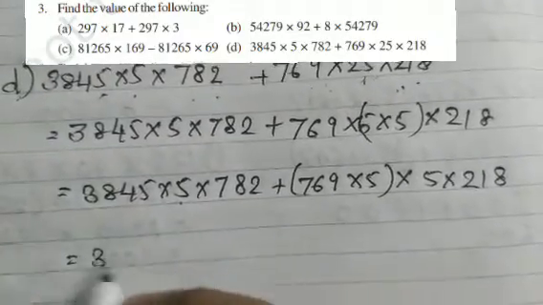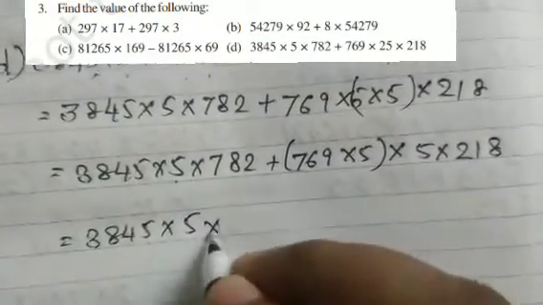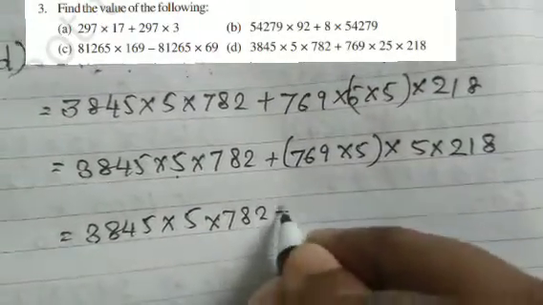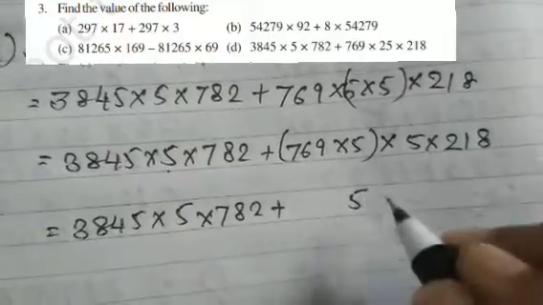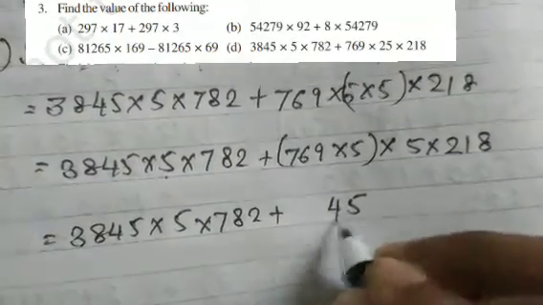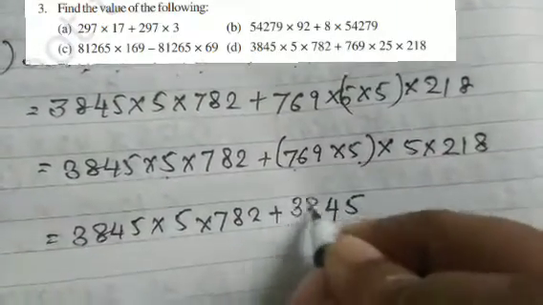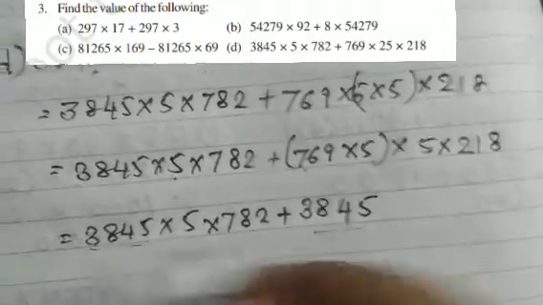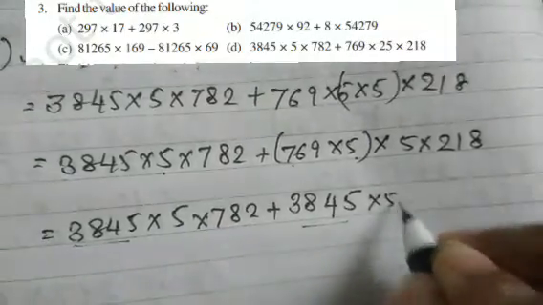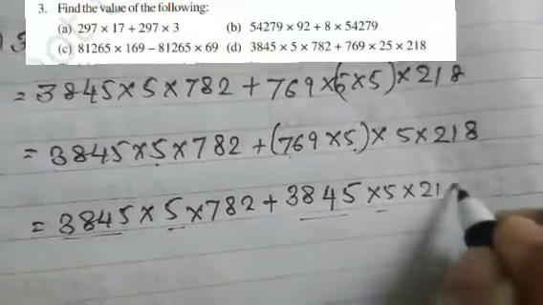So let me see, 3845 into 5 into 782 plus 9 5s are 45, carry 4, 30 plus 4, 4, carry 3, 7 5s are 35 plus 3, 38. Did you see I got the same number? Into 5, so I got here also the same thing, into 218.